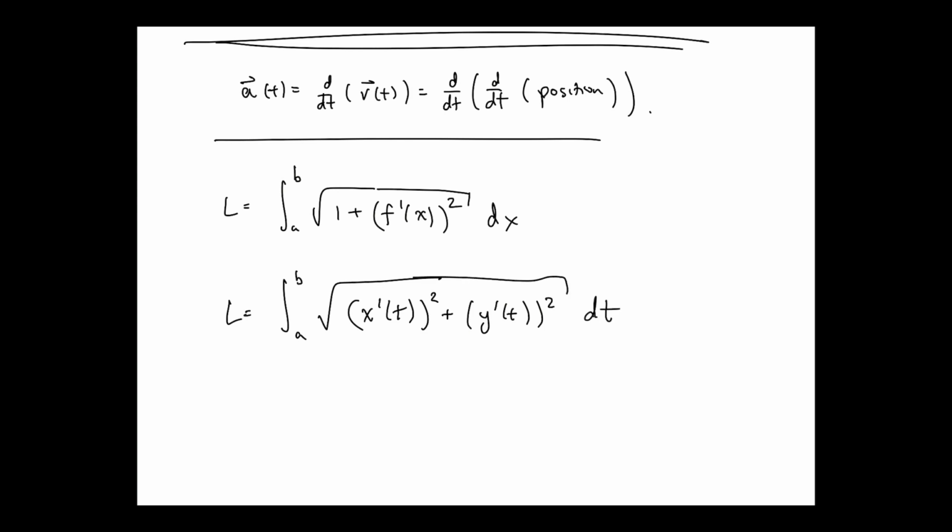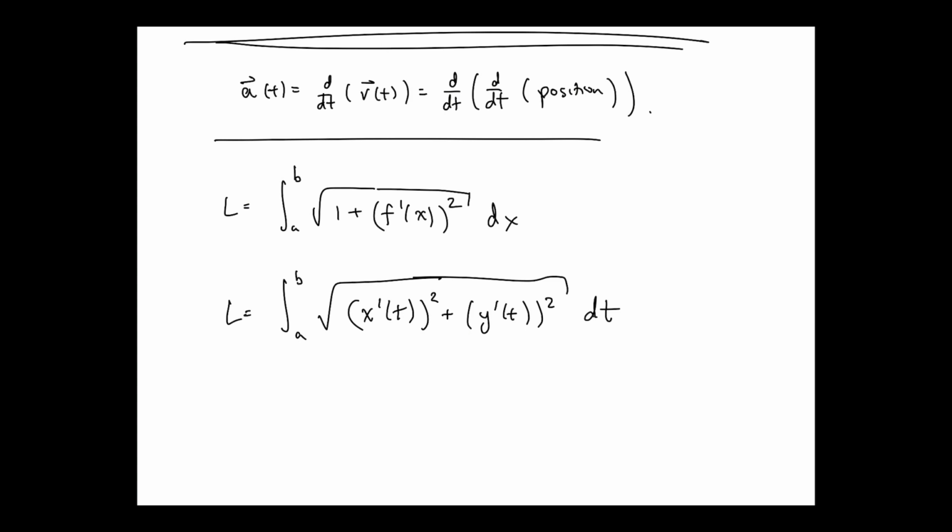Why does that work? Well, it works because if you have a parametric set of equations, you can eliminate t by using algebra, which means you can convert back and forth between the y equals f of x view and the parametric view, with a few caveats, namely the algebra can get annoying.